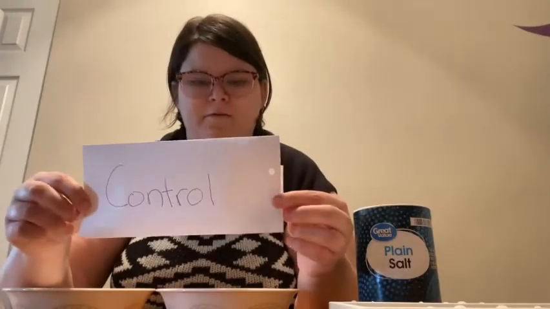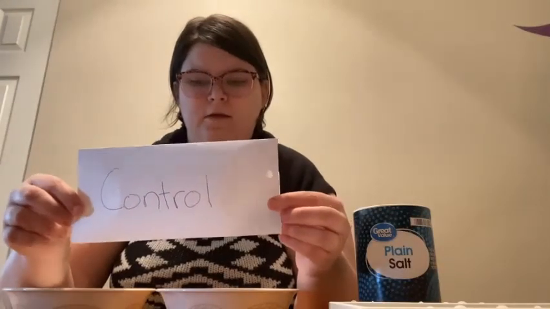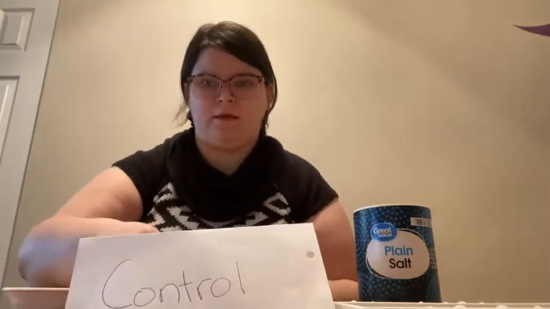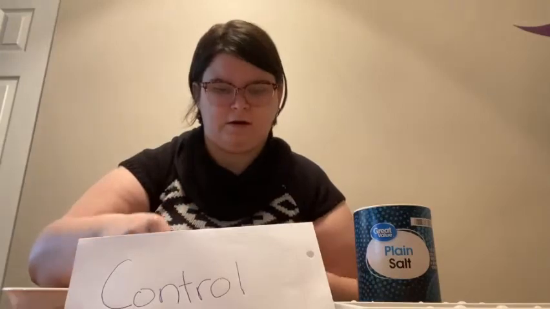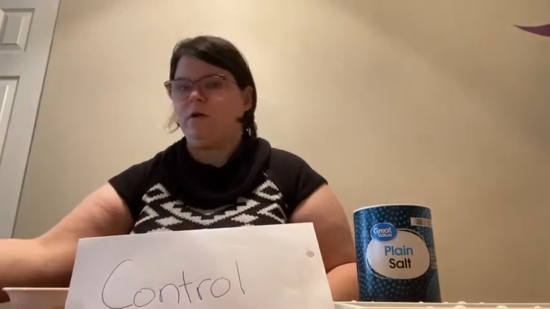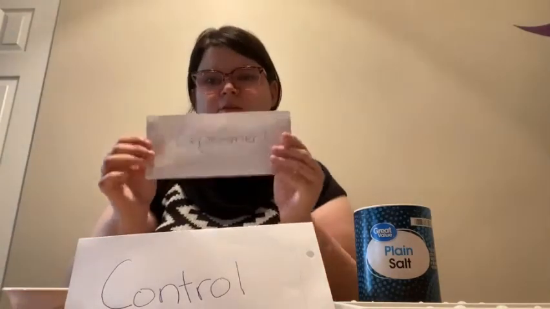Great, so now that we know what control is, that part of our experiment will be what we don't change. So I'm going to go ahead and put this next to this bowl right here, and that will be our control group.